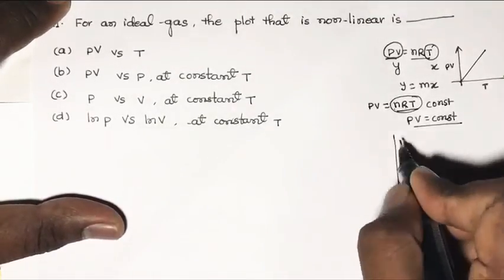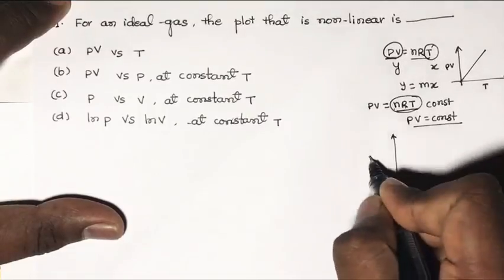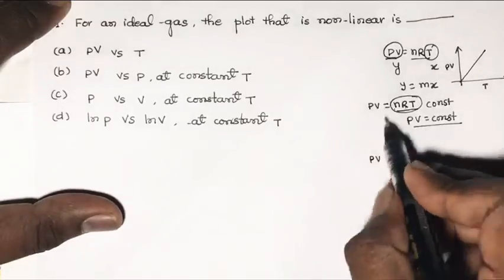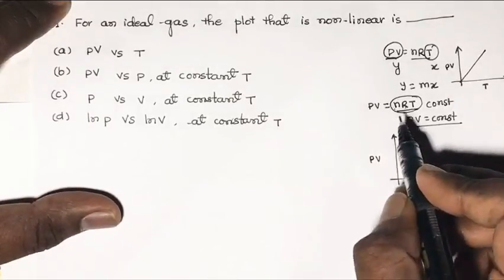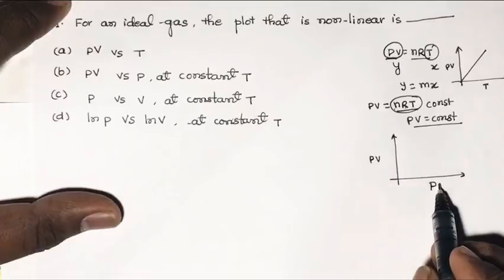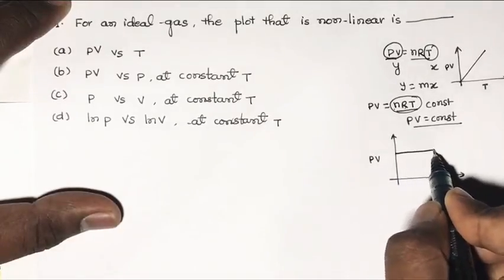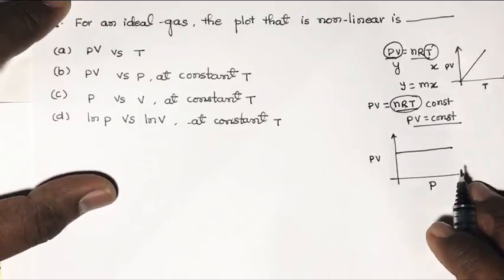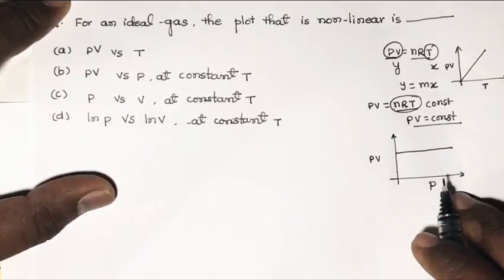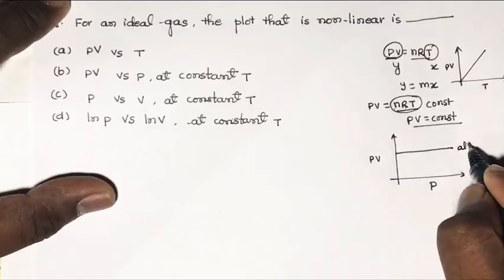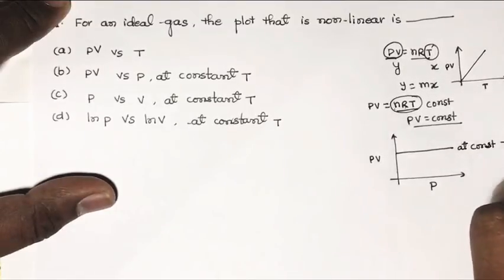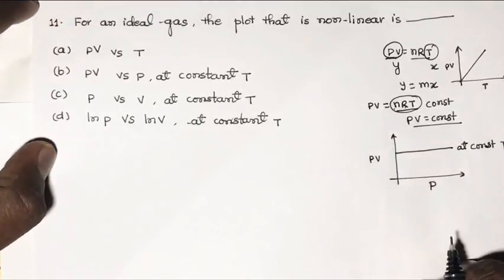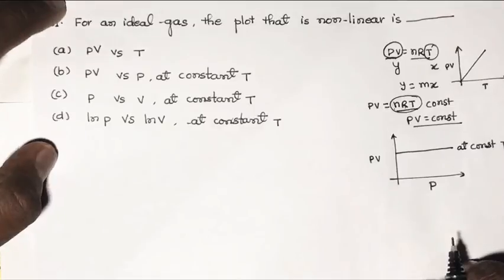So if we draw PV versus P at constant temperature, then the value of PV is always constant. It will not depend on the value of pressure. So this will be parallel to the x-axis because the value of PV is constant. But remember, this is only at constant temperature. So definitely this is also not a non-linear graph.